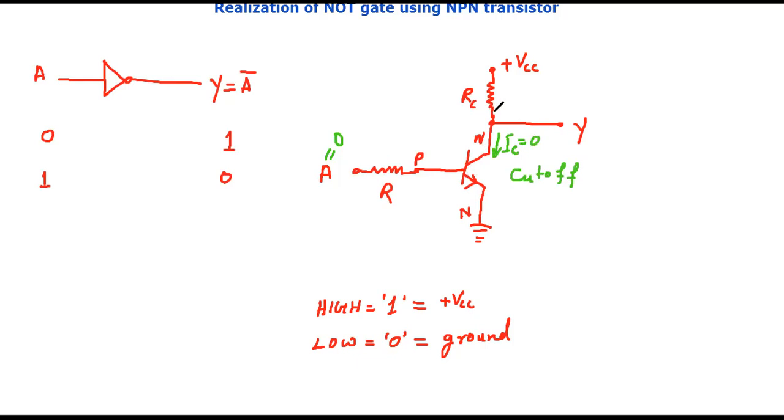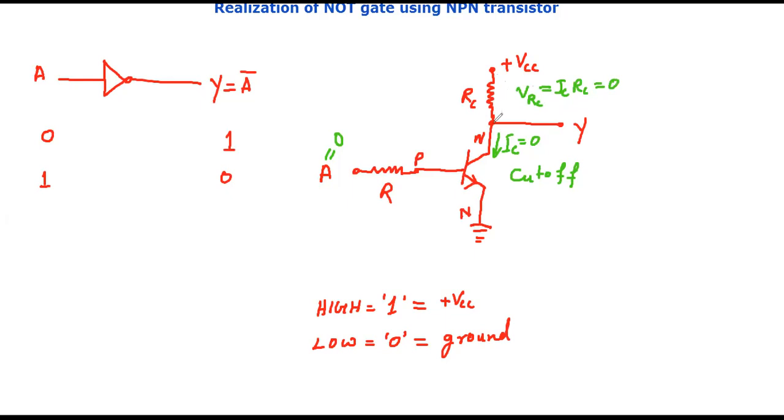If IC is 0, the voltage drop across the resistance RC, which is IC into RC, is 0 according to Ohm's law. So whatever supply voltage is at the collector is not dropped across the RC.